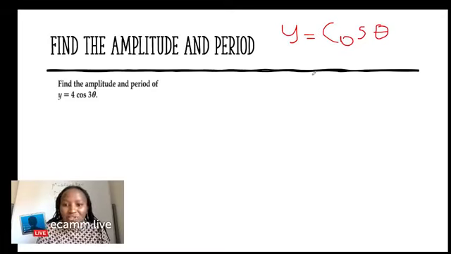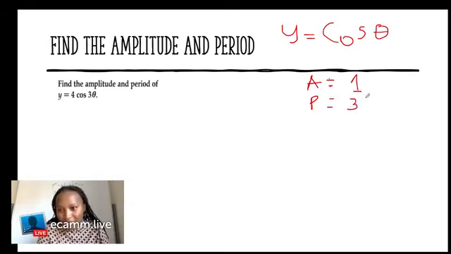So I'll just write A for amplitude so that we don't waste time. My amplitude here will be 1. And I'll write P for my period. Let me use equal rather. My period will be 360 because this is the original graph. So now, what am I going to do with this information?